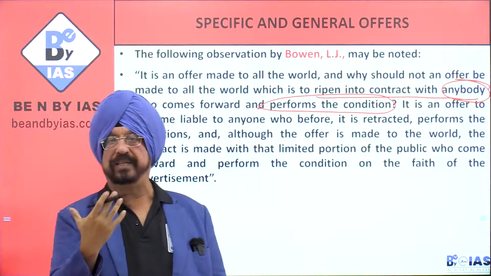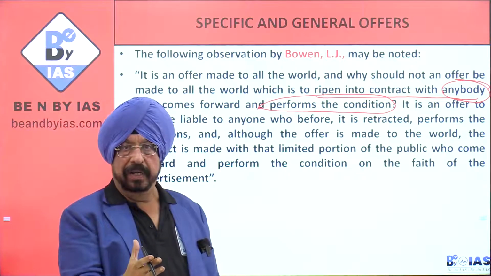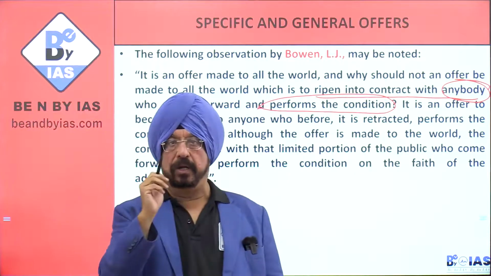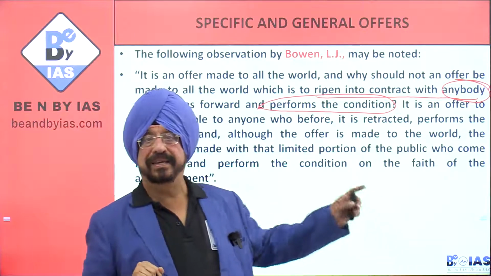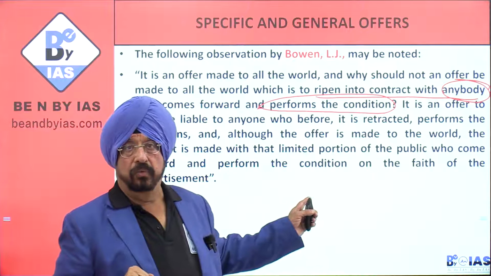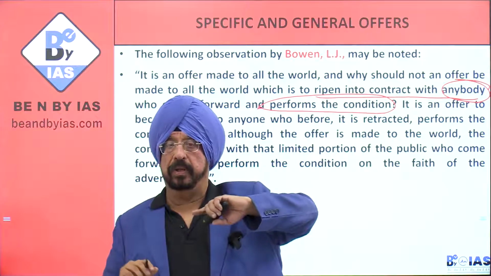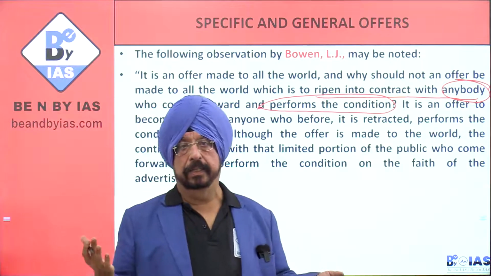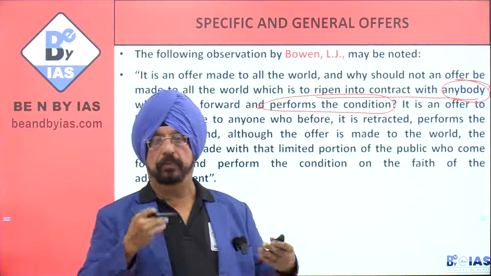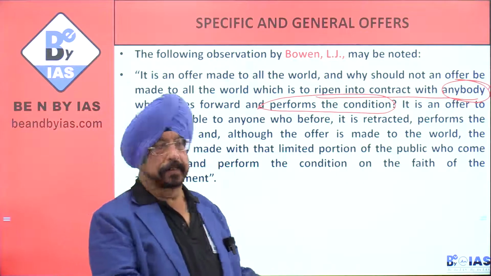Suppose you face a question, is a general offer acceptable under the law of contract? You can say yes. Why? Because if anybody from the world at large to whom it is addressed comes forward and performs the condition, it will ripen into a contract.